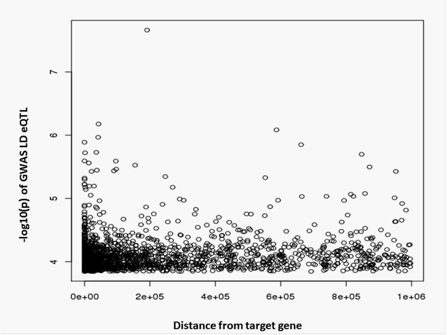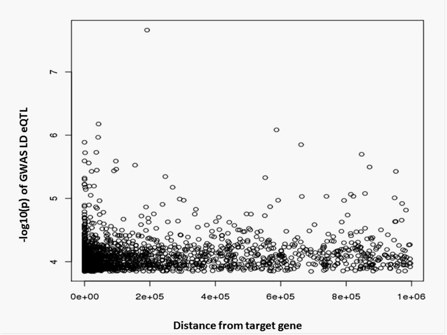So again, this is a plot of the log base 10 p-value for the eQTL. But we started out with all of the SNPs highly significantly associated with complex human traits from the catalog, expanded that list to include everything in strong LD, so R² of 0.8 or greater, to make sure that we're more likely to catch causal variants.